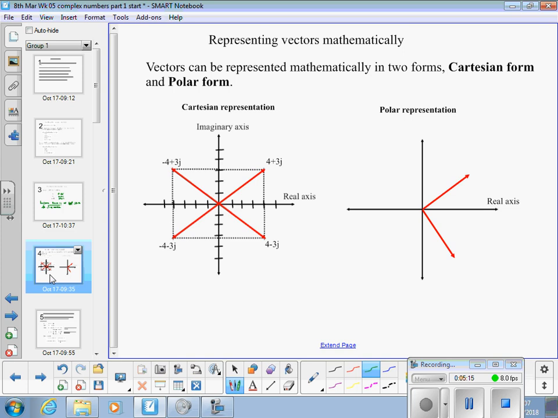So real component, vertical component. And then we have polar representation. A number is represented by 3, with the angle 30 degrees, say.